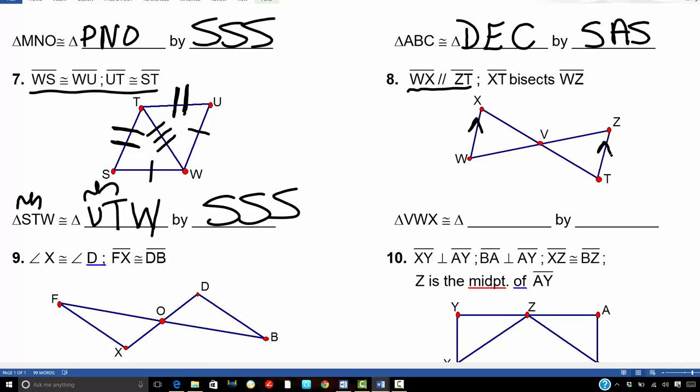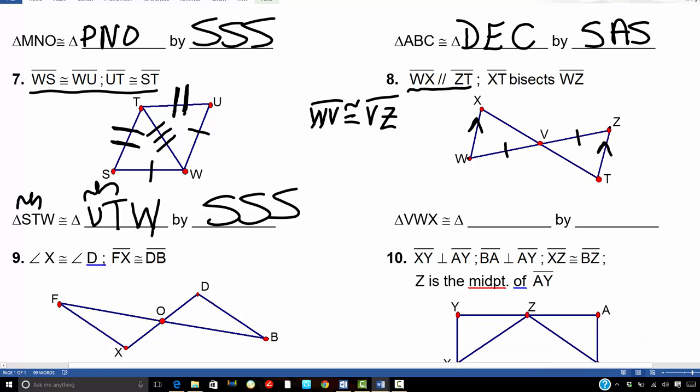So if XT bisects WZ, that means it cuts this segment from W to Z into 2 equal pieces. It means it's cut right down the middle. So that tells us segment WV has to be congruent to segment VZ, because it's been bisected.